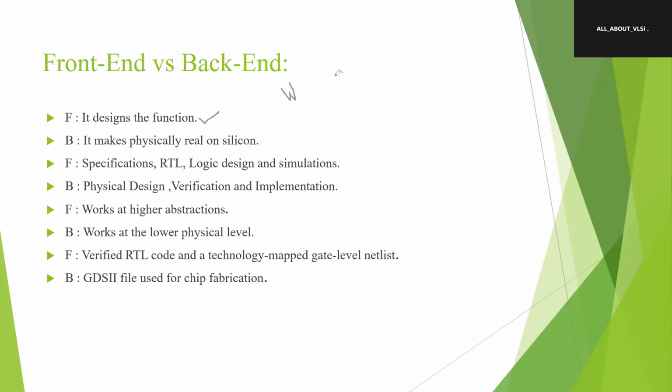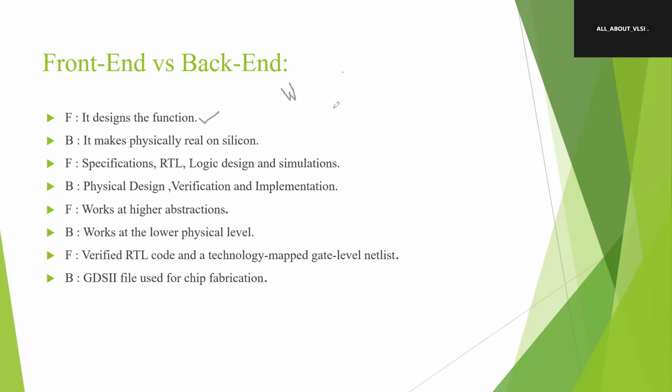What is the logic for the OR gate? When any one of the inputs is high, our output is also high, right? So we are writing the functionality of that logic in front end, and in back end it makes it physically real on silicon.